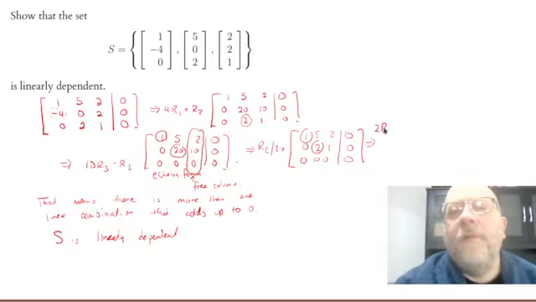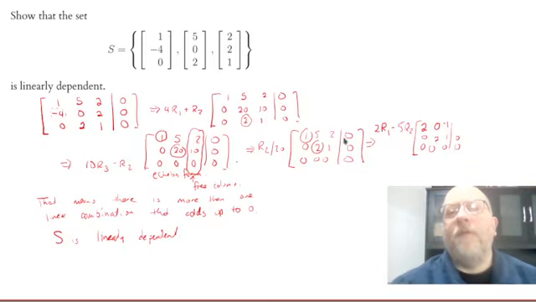So that's going to change this to a 2. And then 10 minus 10 is going to be 0. And then 2 times 2 is 4. 4 minus 5 is negative 1. All right. And now we'll divide both rows by 2.